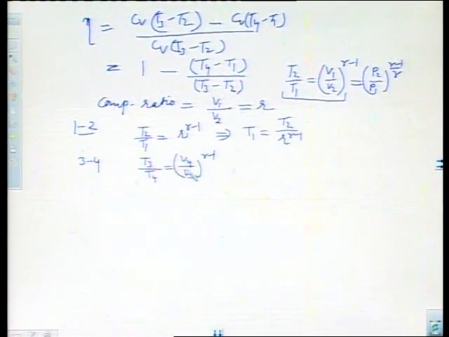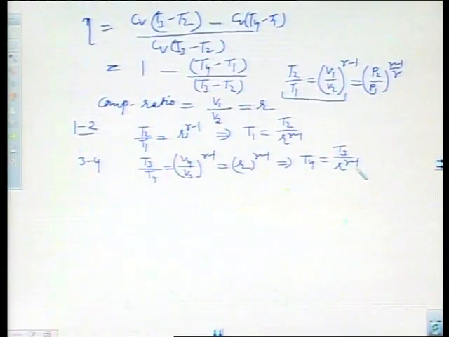V4 and V3, this is again the compression ratio R, because the cycle is working on constant volume process. So, we can write it R to the power gamma minus 1. Now, again you find out T4 here, T3 divided by R to the power gamma minus 1.